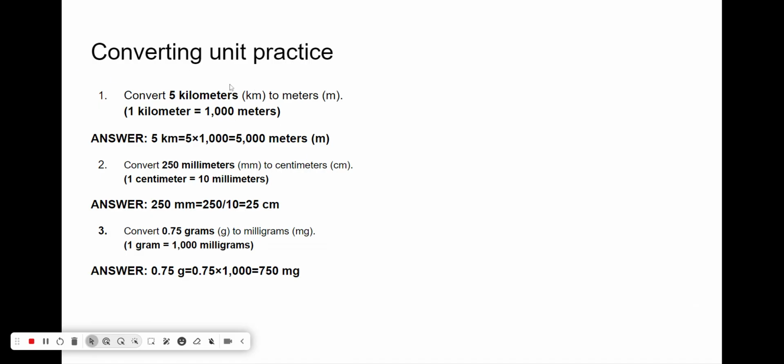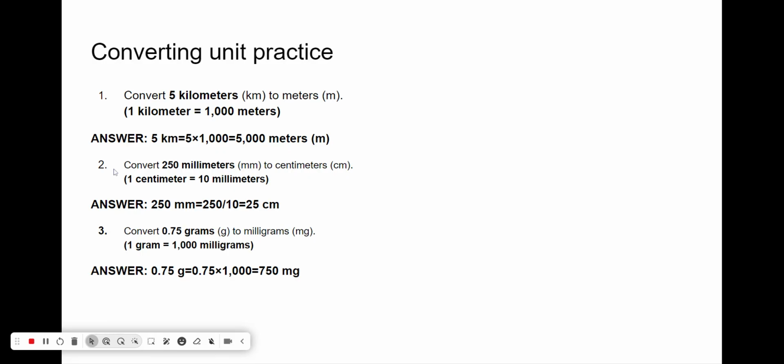Okay, so here's some practice problems. If we're converting 5 kilometers to meters, using our chart, we can see that 1 kilometer is equal to 1,000 meters. So 5 times 1,000, since there's 1,000 meters in 1 kilometer, and that would get you 5,000 meters.